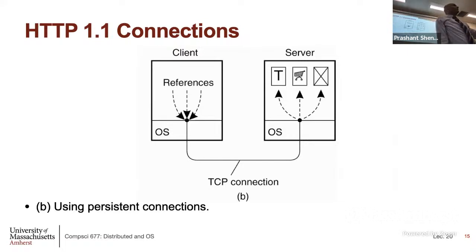Then you parse it and see that there are some images. For those additional images, you use that same socket connection and send another HTTP request, get back a response, and so on. So now you are reusing the socket connection that's already established to send multiple HTTP requests over it, one at a time. You still have to send them one at a time, but you can reuse that connection.